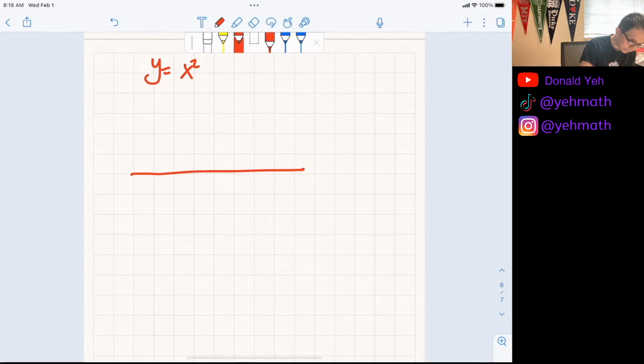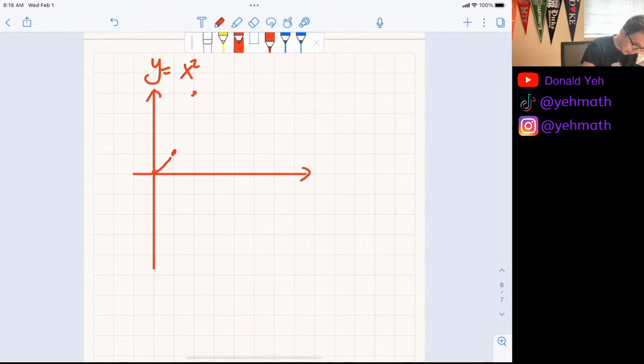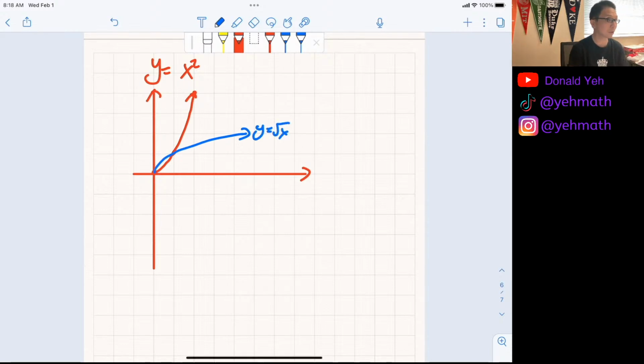So I cut off the left side of the graph because it's decreasing. If you restrict it, it's going to be y equal to square root x. They are inverses of each other.